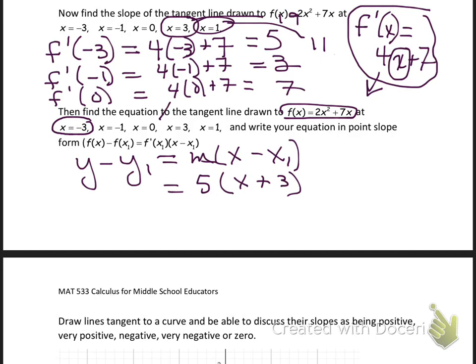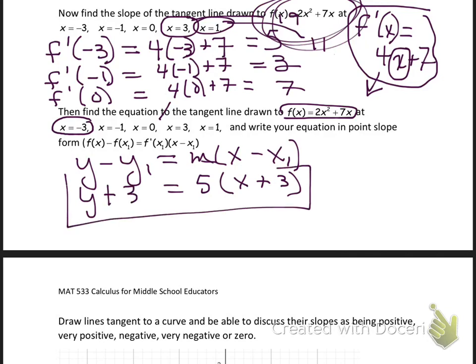I need to figure out what y1 is, so I'm going to take my y of -3 and plug it back in this original function up there. Hold on a second. Well, let's do it on the calculator. So that y value is actually a -3, so that's going to flip this. So you should be able to create all of these lines.